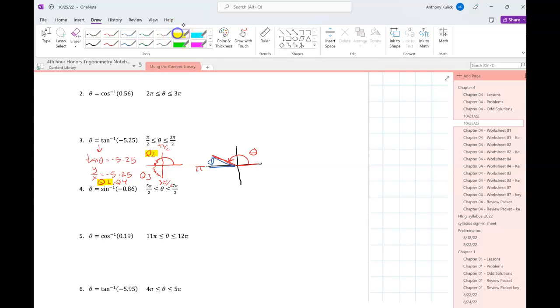Okay? So I now need to create an equation relating pi, phi, and theta together. To do that, I'm going to compare the size of theta with the size of pi. Is theta bigger than pi? No, because it stops before it gets to pi, right?